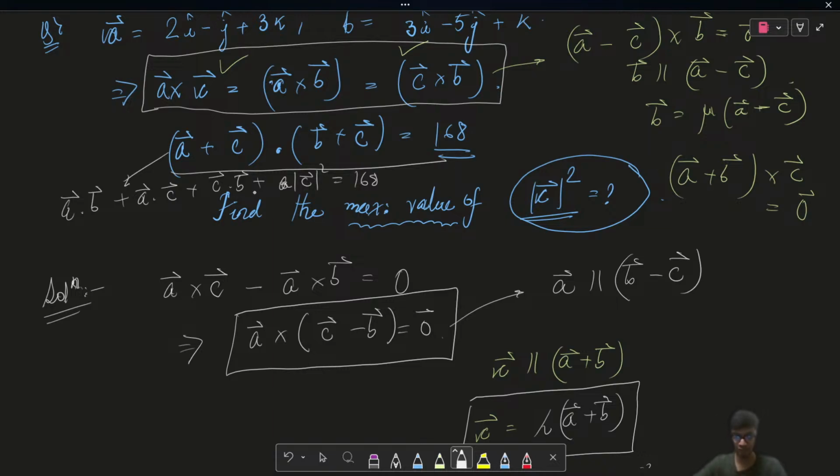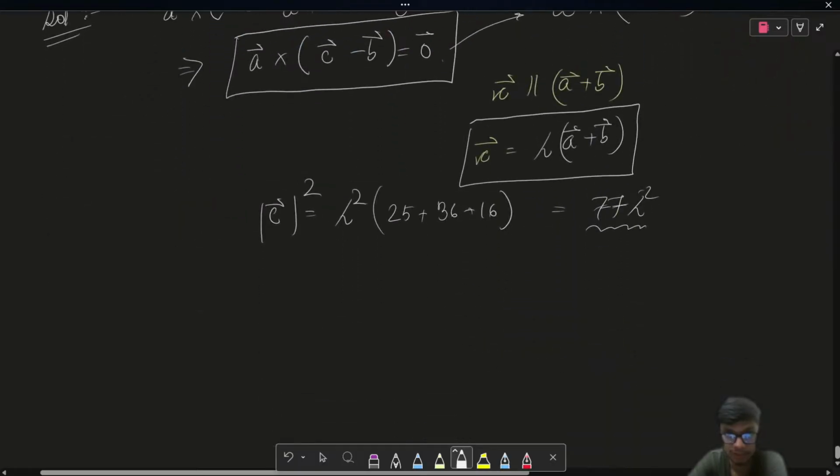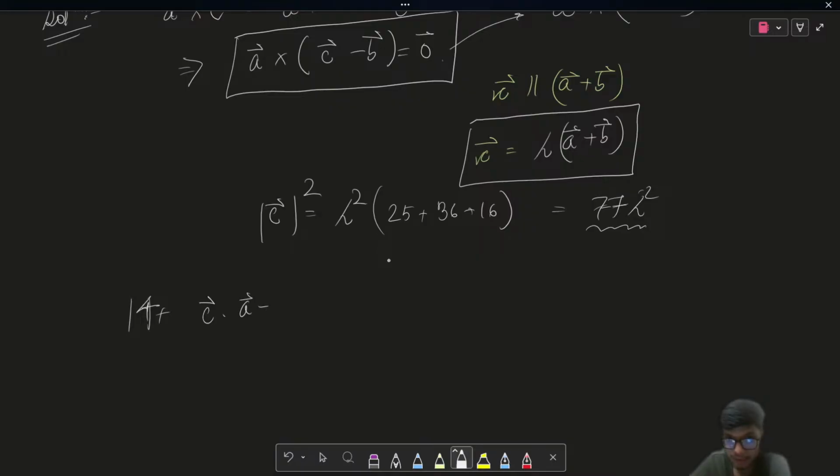So if I expand this relation and put in the values, A vector dot B vector is 14, and then C vector dot A vector plus B vector, plus 77 times lambda square is equal to 168.